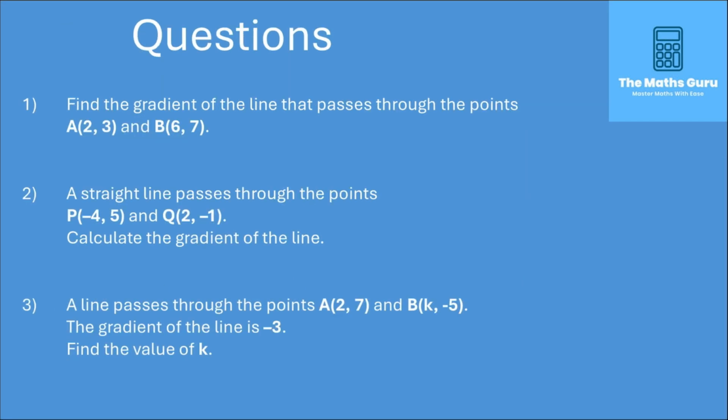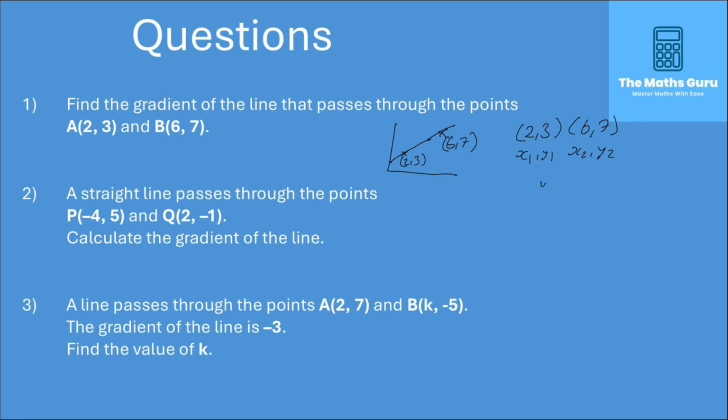Okay, now looking at some questions, we have 2 points. Let's draw this line like this, and we call this (2, 3), and let's call this (6, 7). We are asked to find the gradient of the line which passes through these 2 points. So we write out our coordinates once again, labelling them as x1, y1, x2, y2.